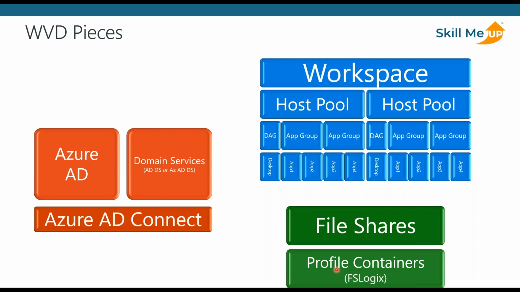A little over a year ago, they bought FSLogix to do the containerization. That makes it to where the profiles are much easier to move around. If you ever had to deal with roaming profiles in the past or other types of profile issues, FSLogix, which is included with WVD, solves a lot of those issues.